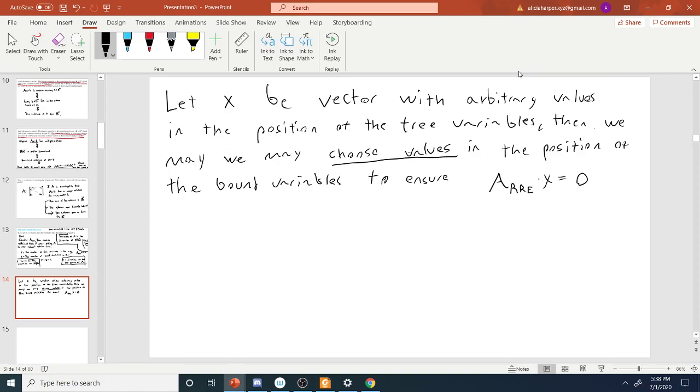And not only may we choose these values, but these values are uniquely determined.